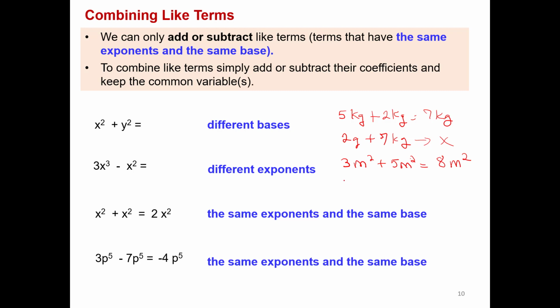What about this one? Can we combine these two? The answer is no, because the units are not the same. It's a similar concept we apply when we are doing some math with numbers along with the units.